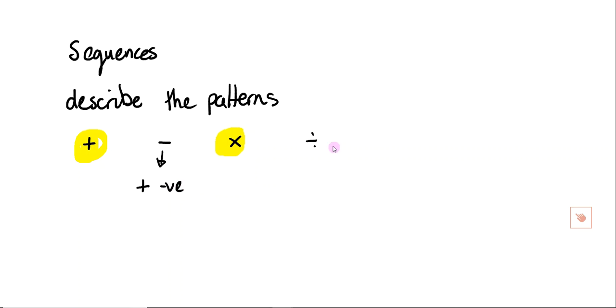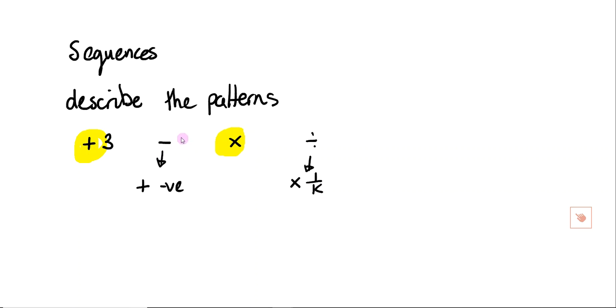So actually a subtraction is we're adding a negative number. Right? And division is multiplication by a fraction, 1 over k. So for instance, if I wanted to add 3, I can just add 3.